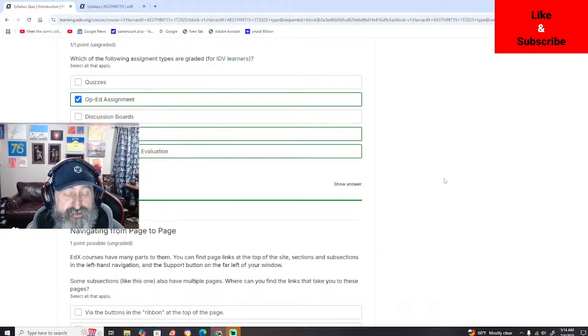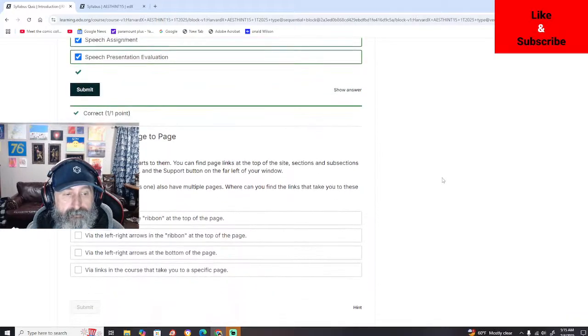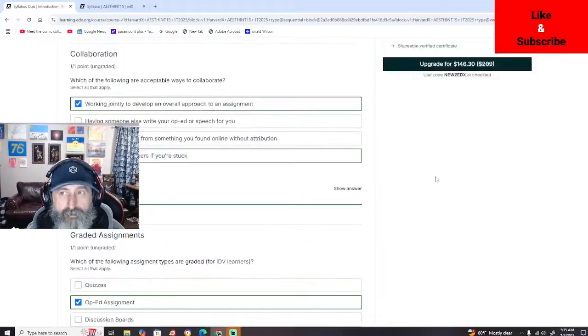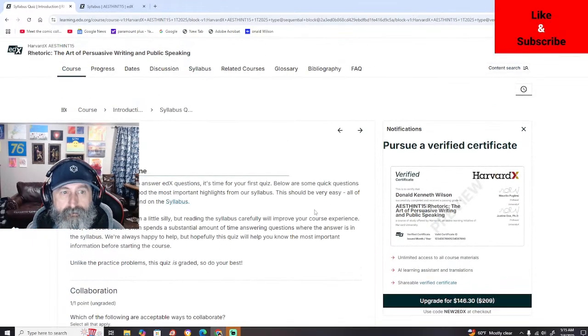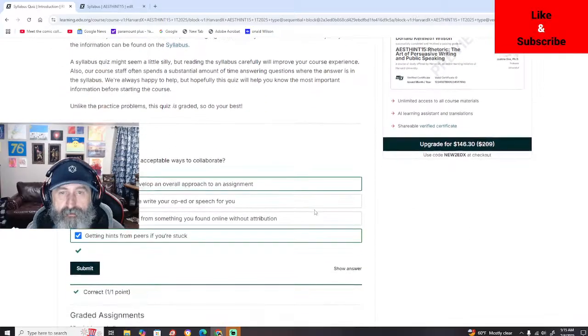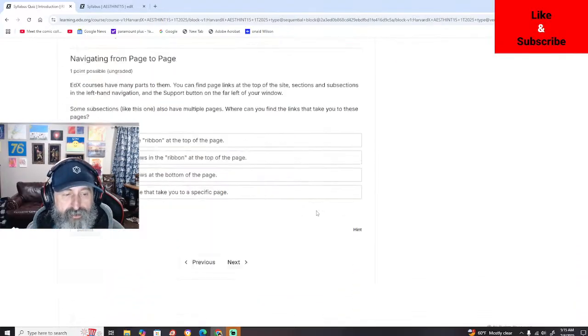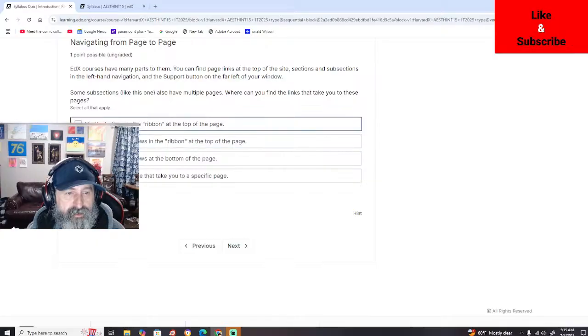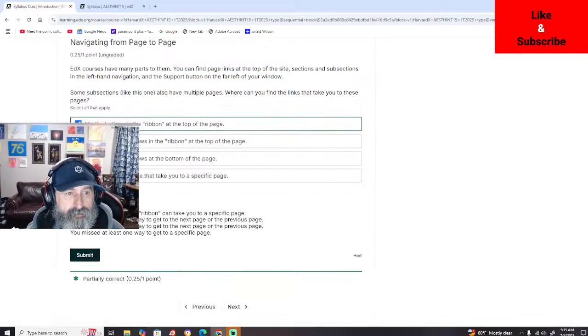Some subsections, like this one, also have multiple pages where you can find the links that take you to these pages. Top ribbon. Yeah, I think it's called a ribbon. Let's hope it's called a ribbon. I'm not really sure if it is called a ribbon.